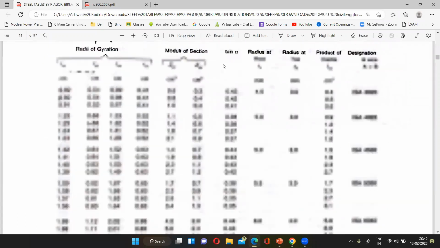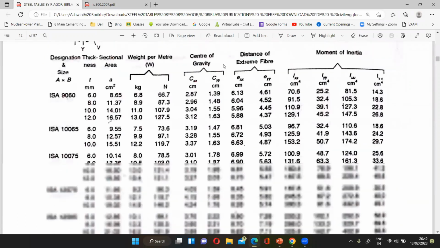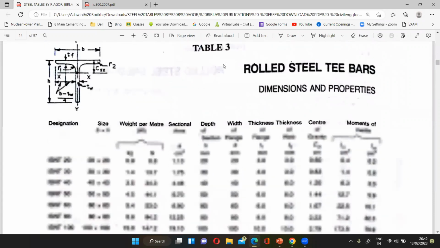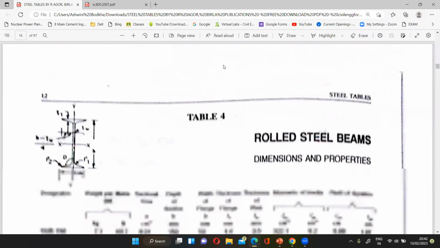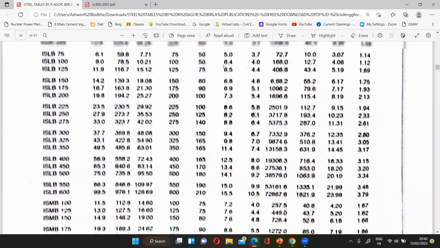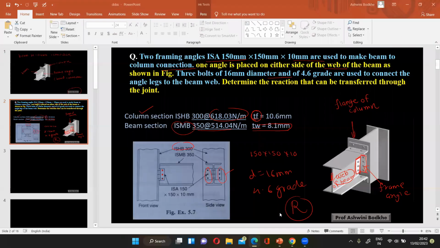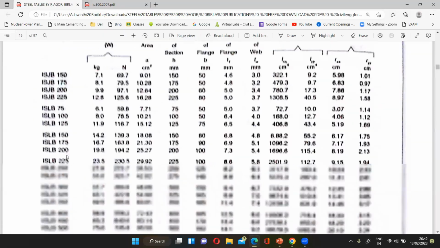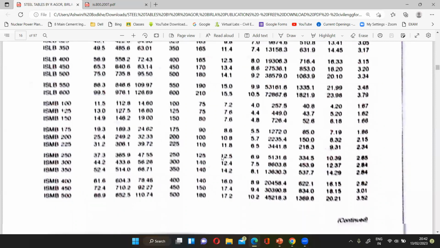These are angle sections, T sections, and here are I sections. Beam ISMB 350. You can see here ISMB 350 is here.